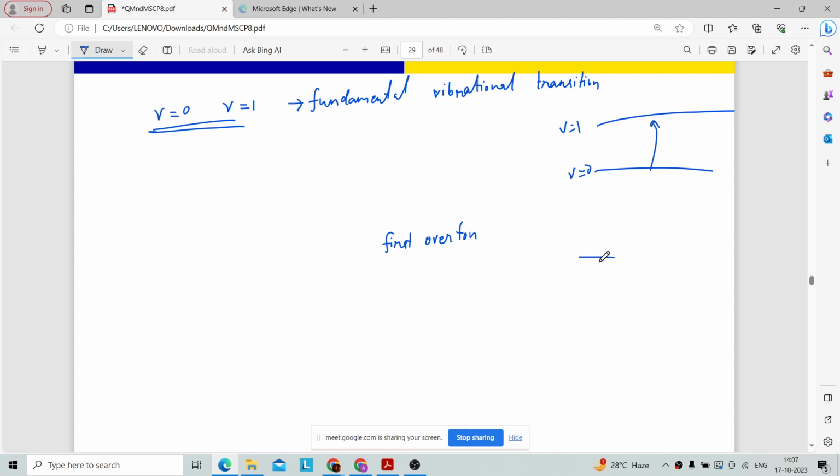So if the transition is happening from the ground state directly to the second excited state, then this transition will be called the first overtone. Right, now we have considered the anharmonicity is 0, that means it's purely harmonic. So in this case, what will be the energy? Energy will be V plus half times the wave number, or omega, whatever you can say.